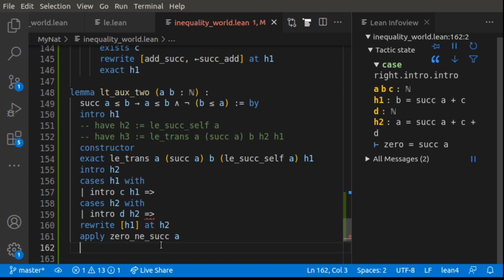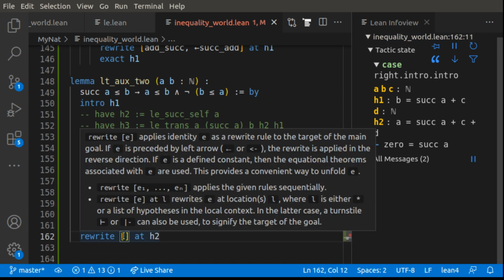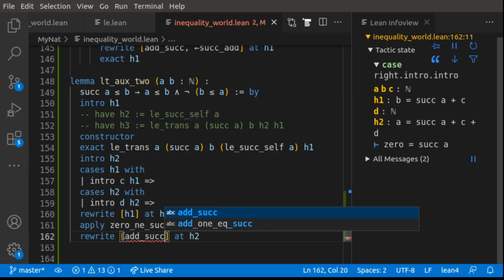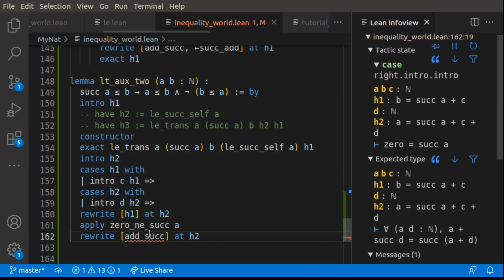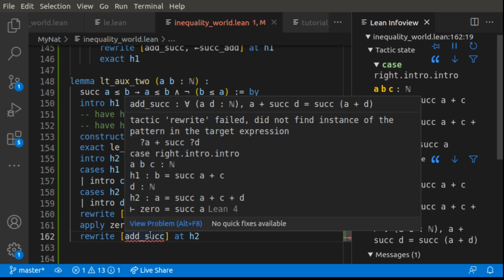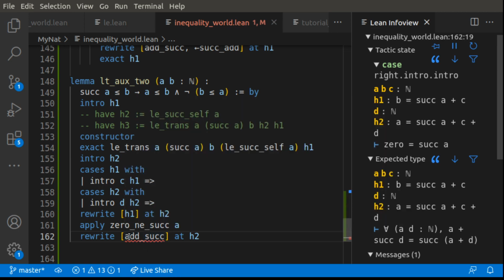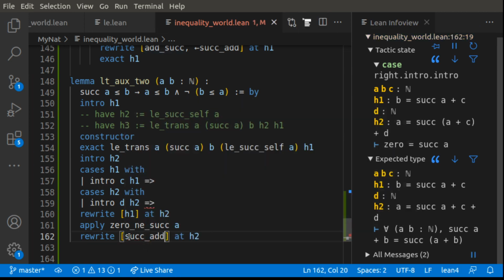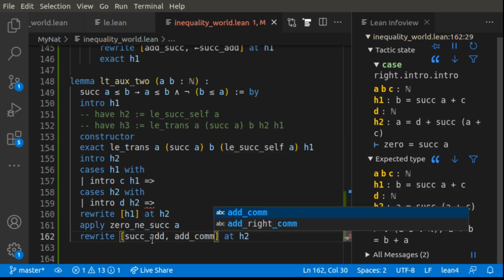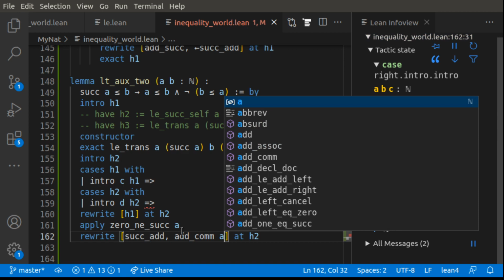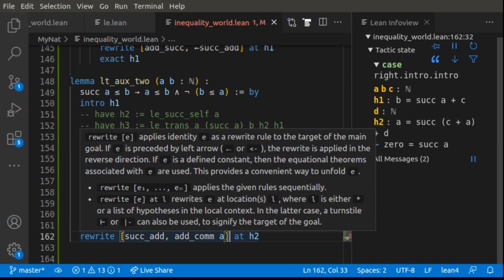Okay, and now at h2 we can do some moving around. Rewrite at h2. What do we want to do? Add successor. Is that what it is? No. Well, kind of. I want to get the a out of there. Successor add. Okay. Add com. Okay.